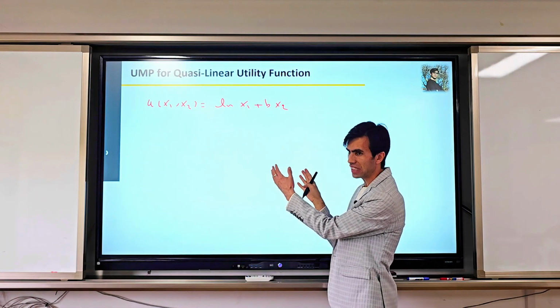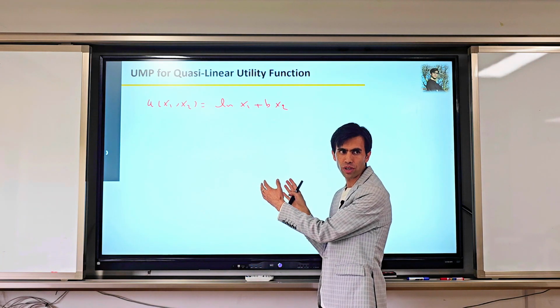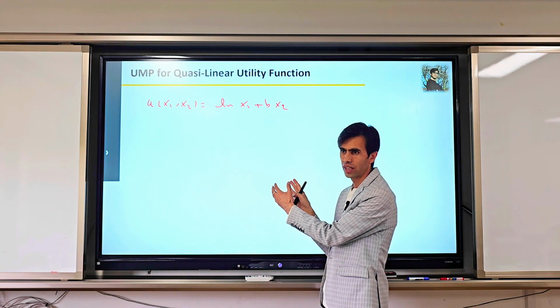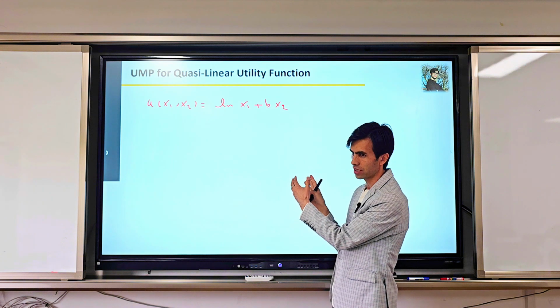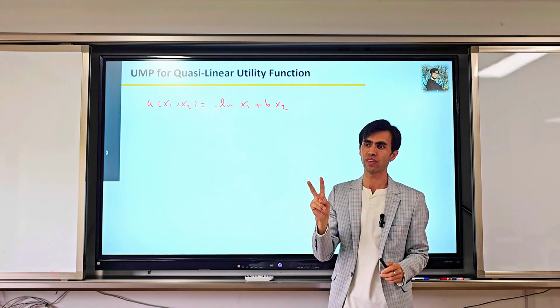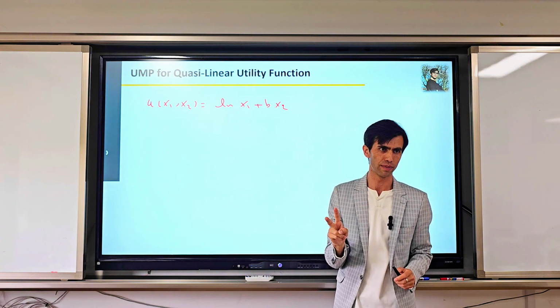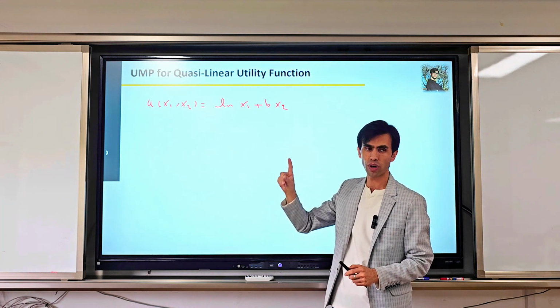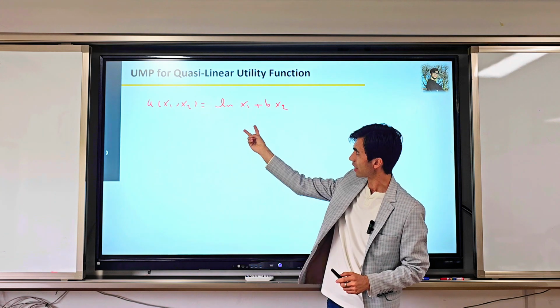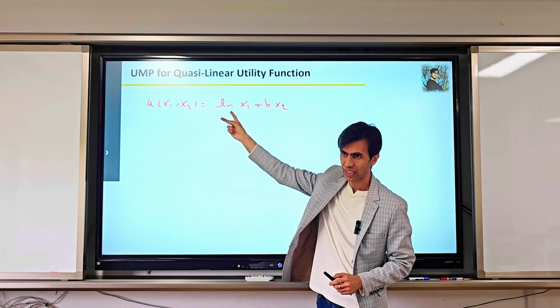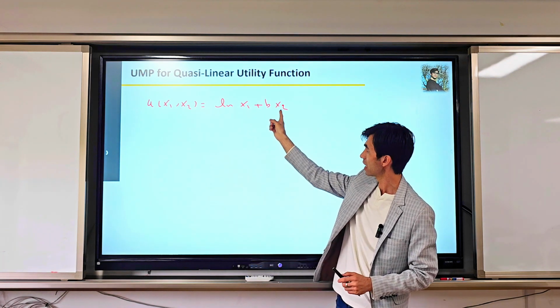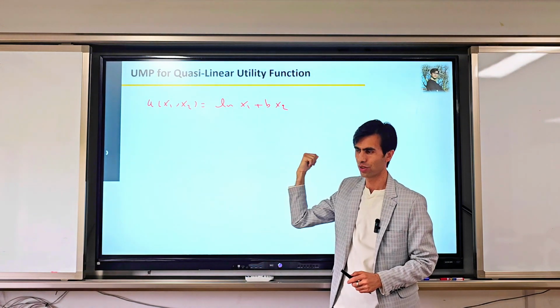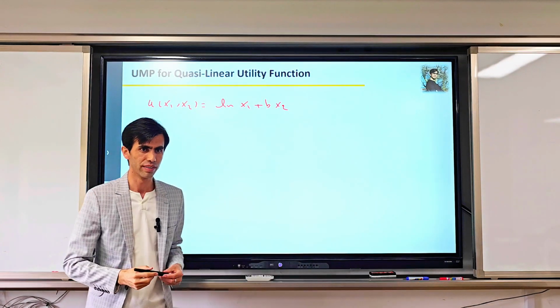So it cannot fit the Cobb-Douglas and CES utility functions, because in the case of Cobb-Douglas and CES, both x1 and x2 were twice differentiable. But in the case of perfect substitutes, both of them were only once differentiable. Here, the non-linear part is twice differentiable, but the linear part is just once differentiable. So how can we maximize this one?